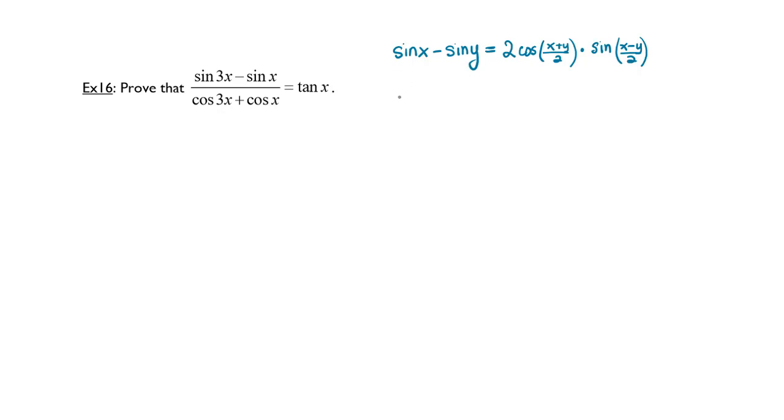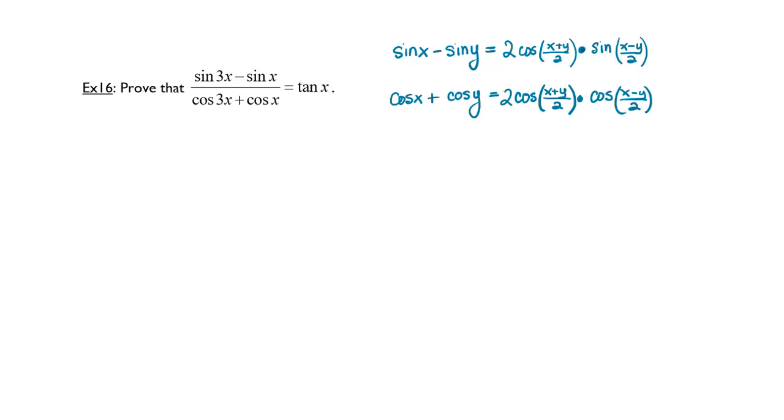So we'll write this as cosine of x plus cosine of y is equal to 2 times the cosine of x plus y over 2 times the cosine of x minus y over 2.